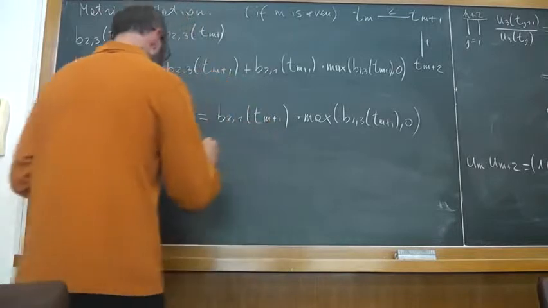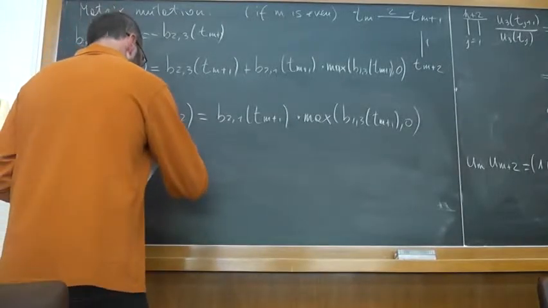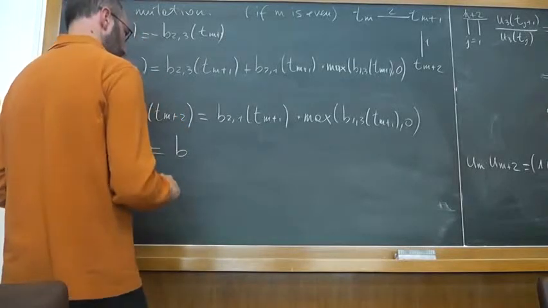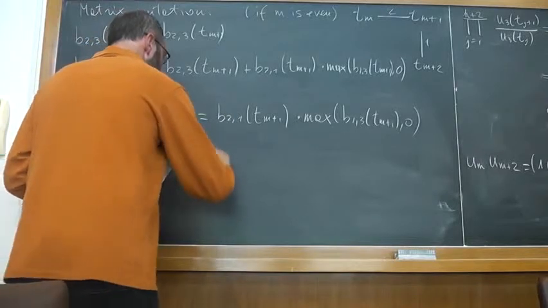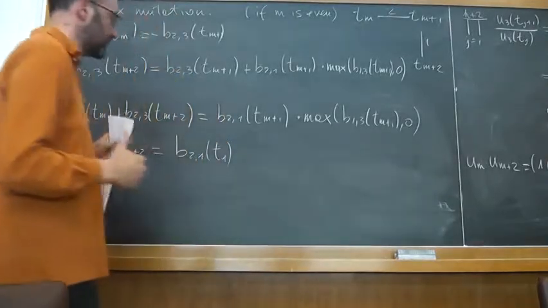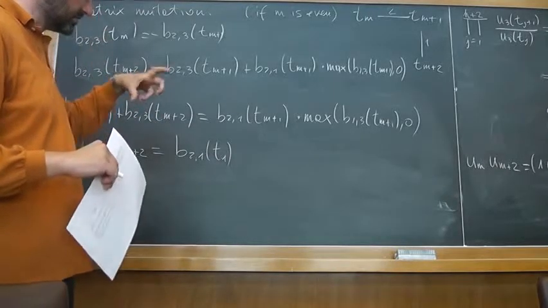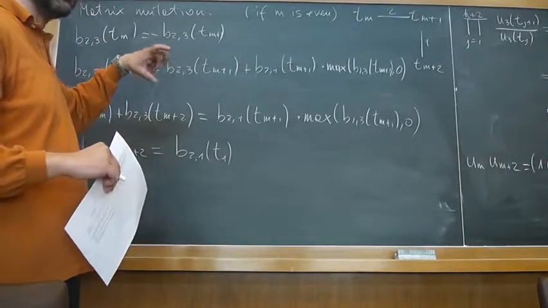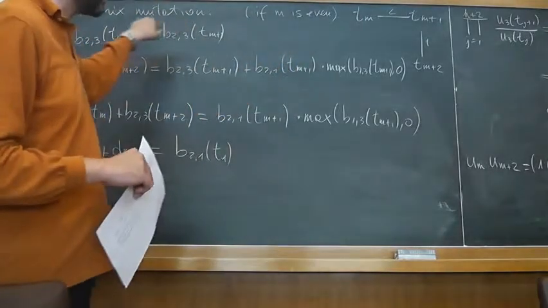If n is even, this is the same as B21 of T1, because the two exponents B and C change sign at every step along the path.